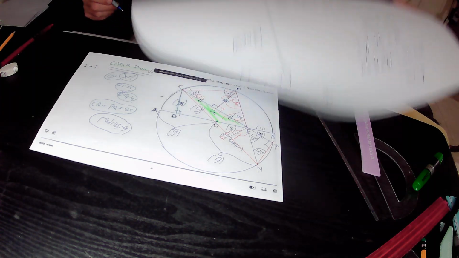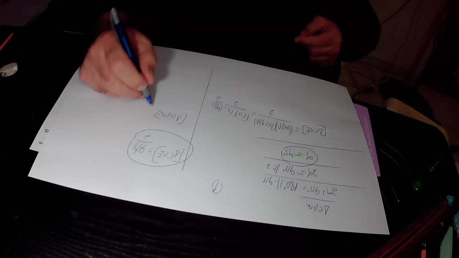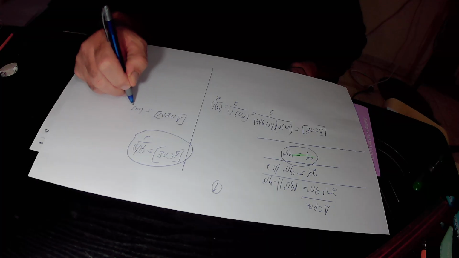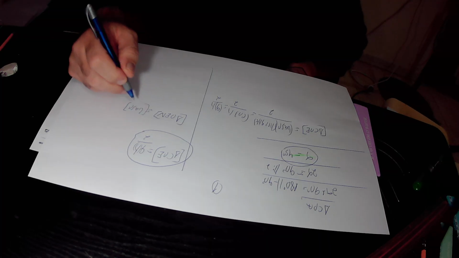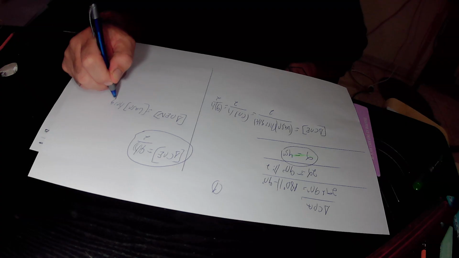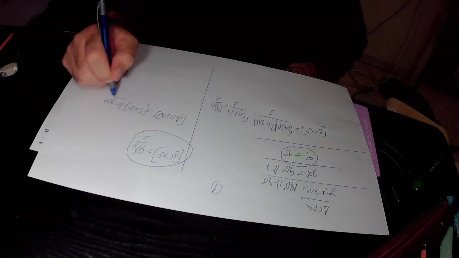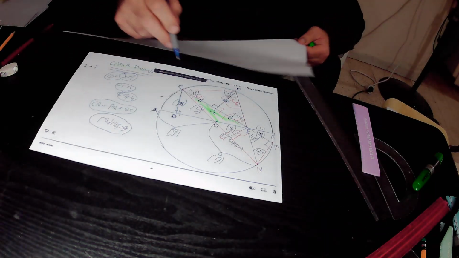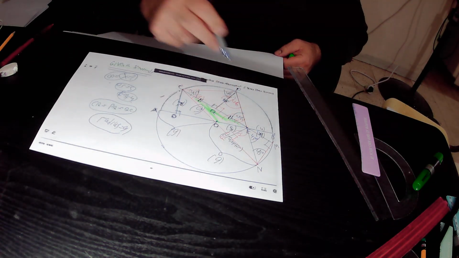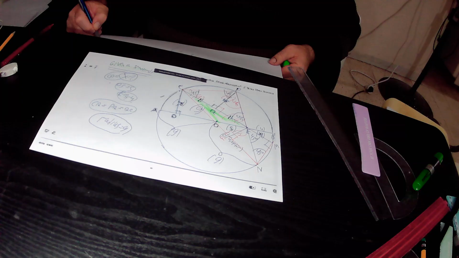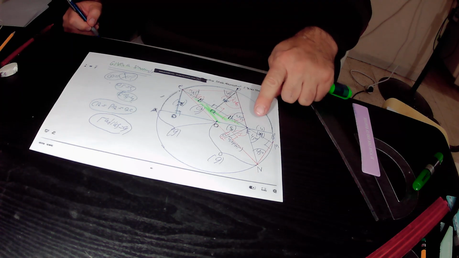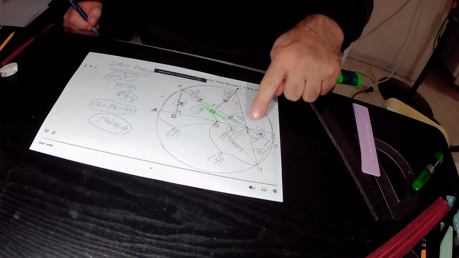The area of any triangle equals the base of the triangle times the height to the base over 2. We choose the base of this triangle OEN as ON. The height to the base ON is h.